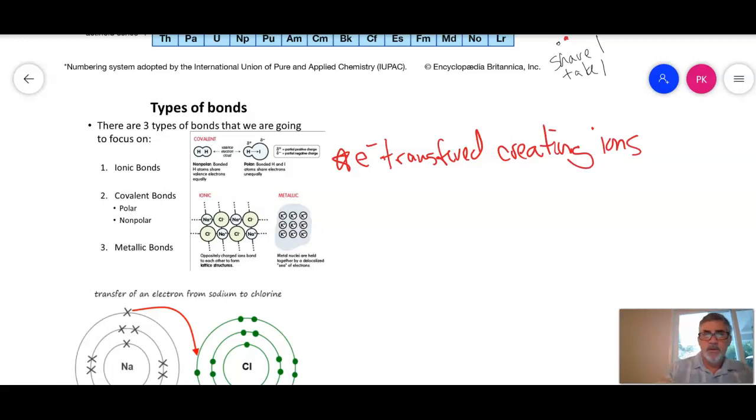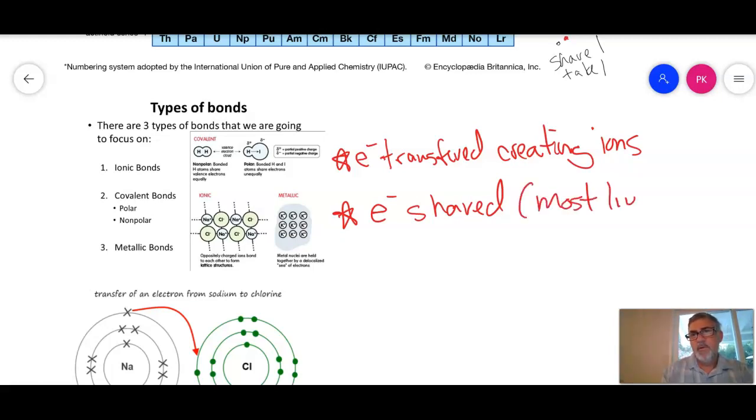Creating ions. You have covalent bonds, where electrons are shared. Right? This is most of you. So you're mostly all covalent bonds. And we have metallic bonds. Right?